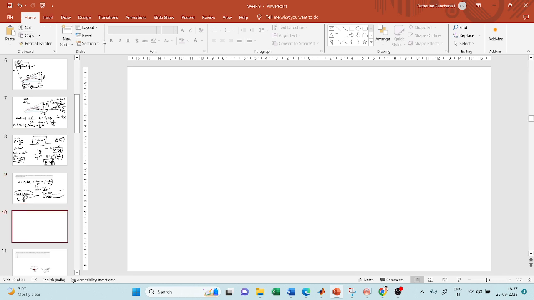So the formula corresponding to L less than SSD is... just a second.